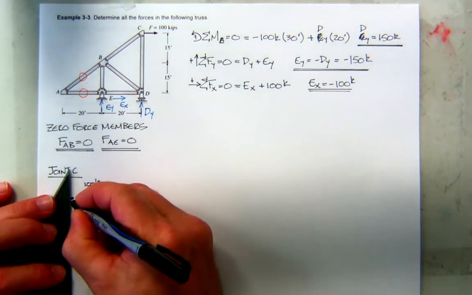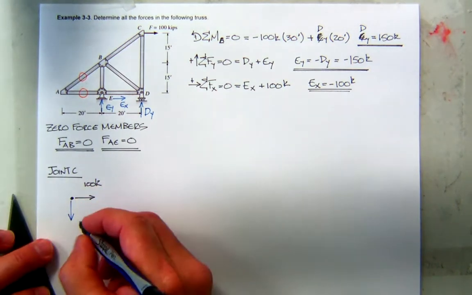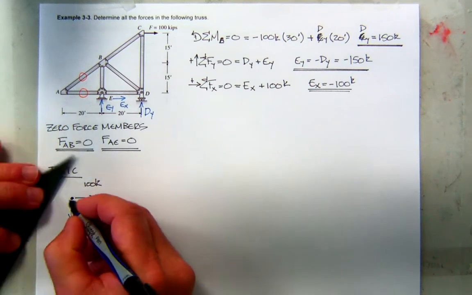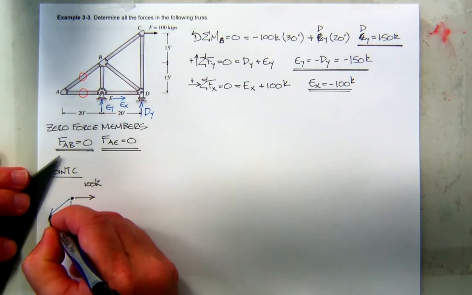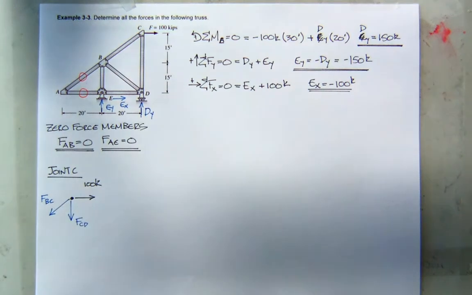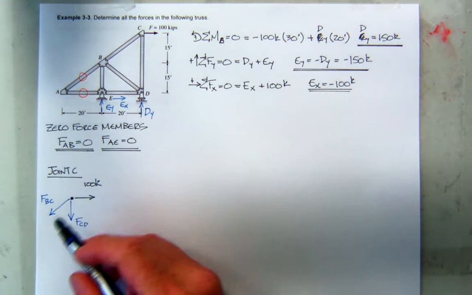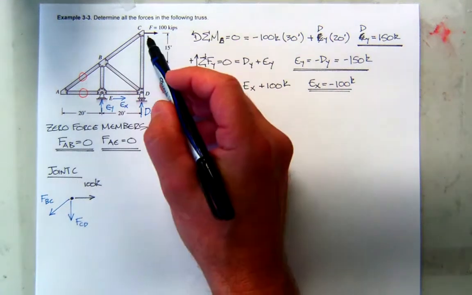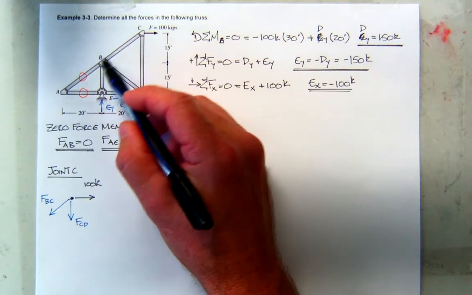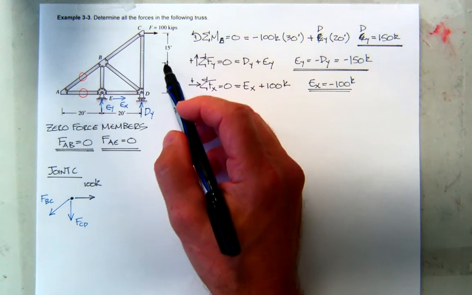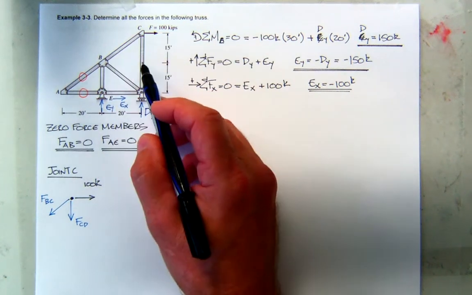Here is the reaction in CD, in tension. And here is the tension reaction in bar BC. Now we just need to know the geometry of this element, the direction between C and D, or C and B. So the slope of that line would be a rise of 15 over a run of 20.